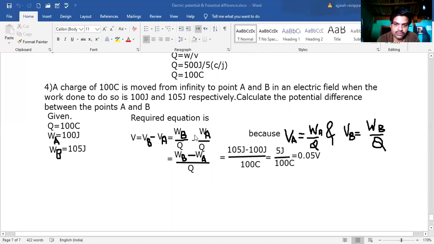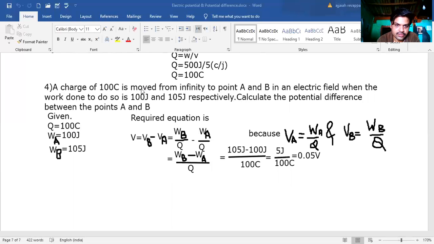This is the fourth one, somewhat different. A charge of 100 coulomb, charge is given, write it down, is moved from infinity to point A and point B. Conceptual understanding of potential difference is very, very important to solve this problem. The last slide I showed was of electric potential difference, so just recall.